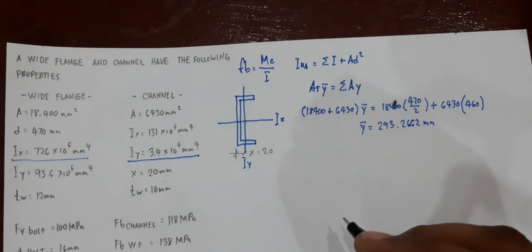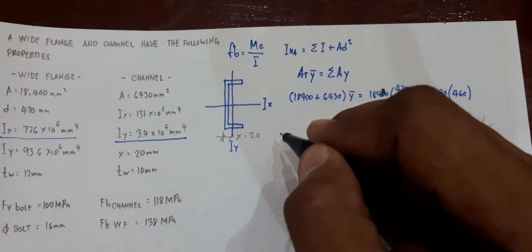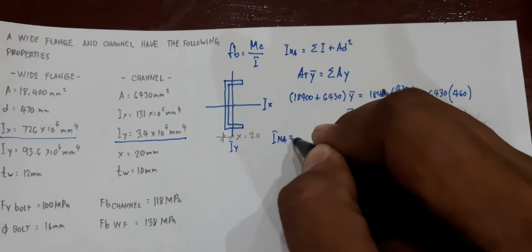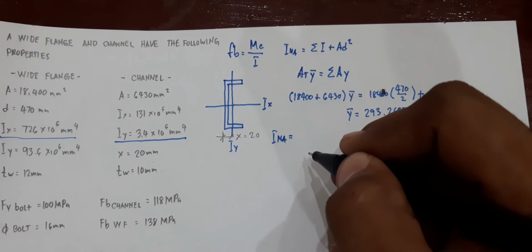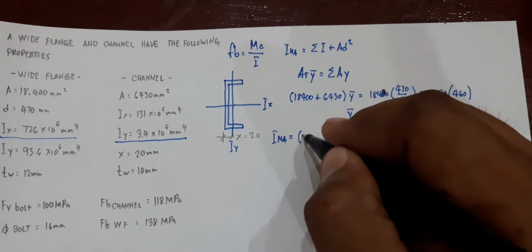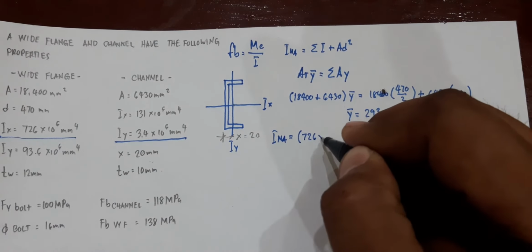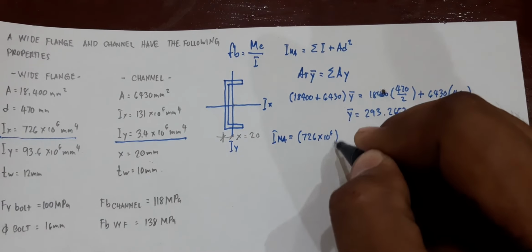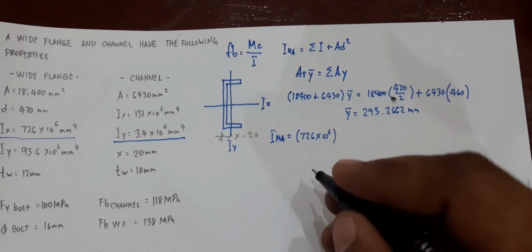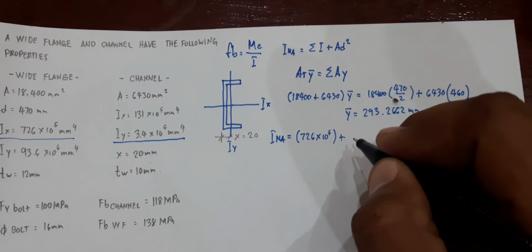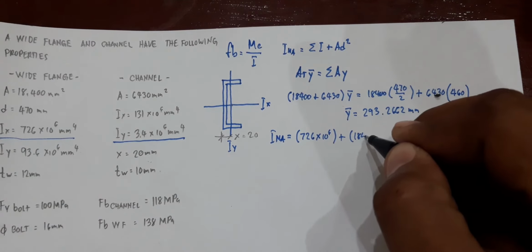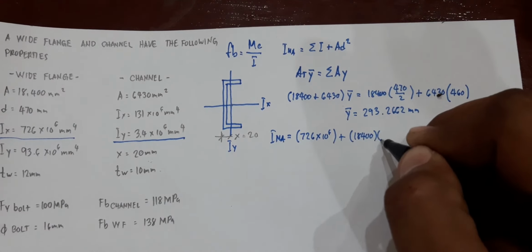Now, making use of your transfer formula, you would have I, the moment of inertia with respect to the neutral axis, equal to, starting with your wide flange, 726 times 10 raised to the 6, that is the moment of inertia about x of your wide flange, plus area, 18,400, times d squared.